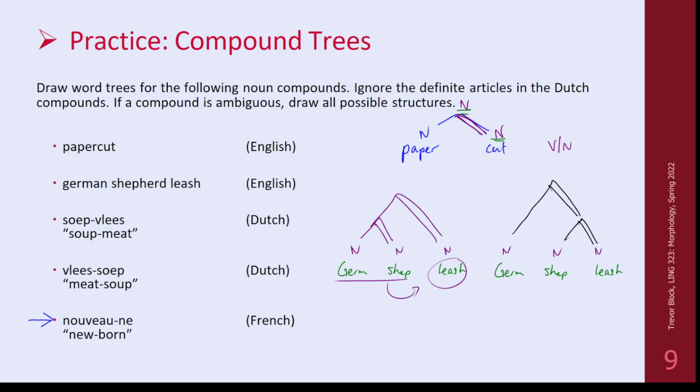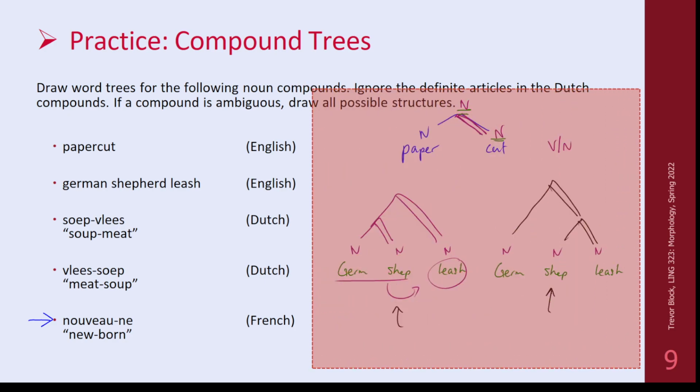So we're saying it's a shepherd leash, but particularly it's a German shepherd leash. So it was made in Germany or made by someone who is German. This is not the interpretation we typically think of. So this second one would be like, oh, I have an American shepherd leash. Well, I prefer German shepherd leashes. Well, on the left one, it's like I have a poodle leash versus I have a German shepherd leash.